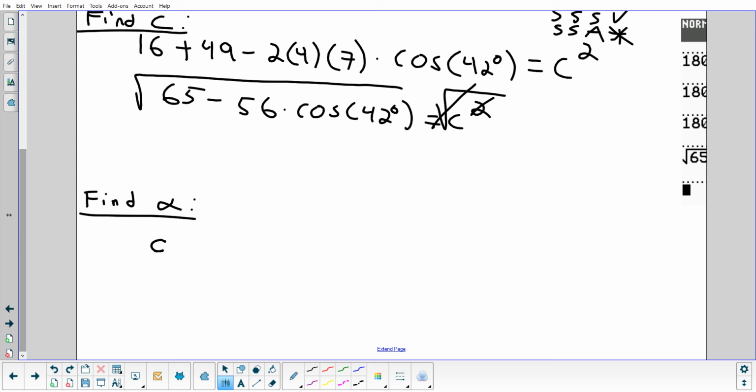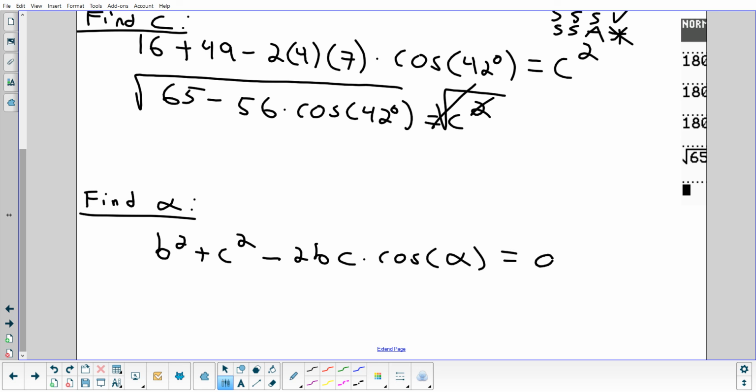John? B squared plus C squared minus 2BC times cosine of alpha. Yep, and what does that equal? A squared. Yep. Okay, so let's go through it. So B squared, we've got that.